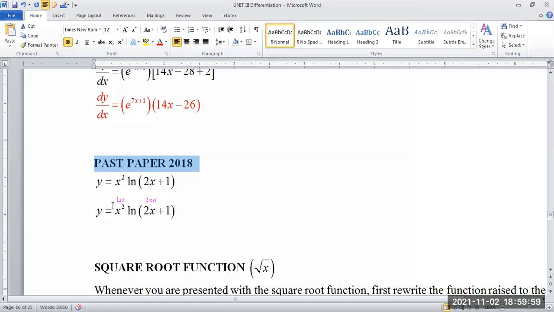So when I'm differentiating, it's going to be the first times the differentiation of the second plus the second times the differentiation of the first.